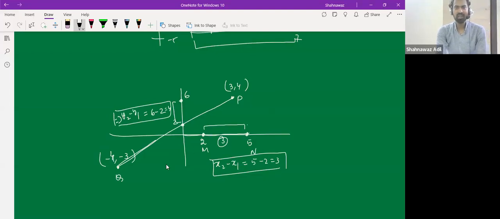But whenever we have two distinct x and y coordinates, then we calculate the distance between 2 points through this formula: square root of (x2 minus x1) square plus (y2 minus y1) square.